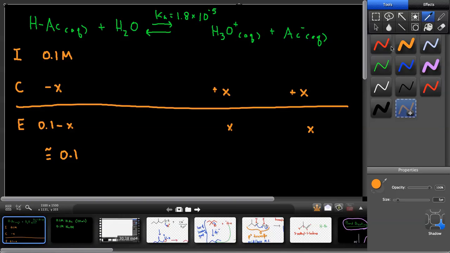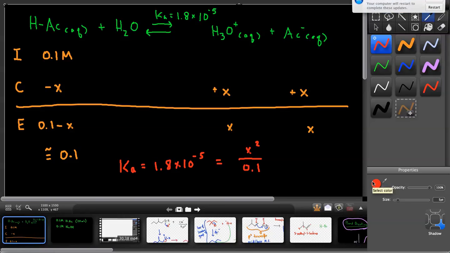And by virtue of our equilibrium expression, Ka, which is equal to 1.8 times 10 to the minus 5, is equal to x squared over 0.1.